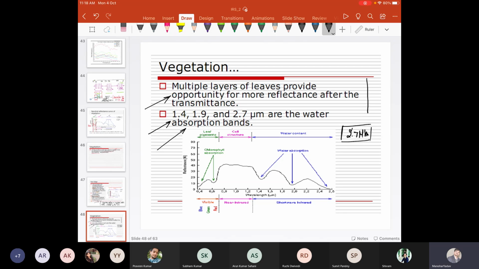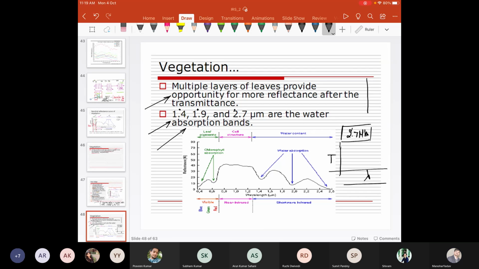It means in the atmosphere also, at these wavelengths, the energy is trapped. If you analyze the atmospheric transmission versus wavelength curve, there also you can notice the valleys at these three wavelengths.